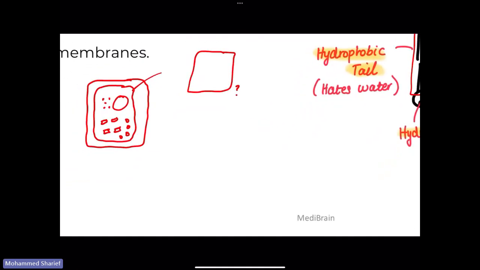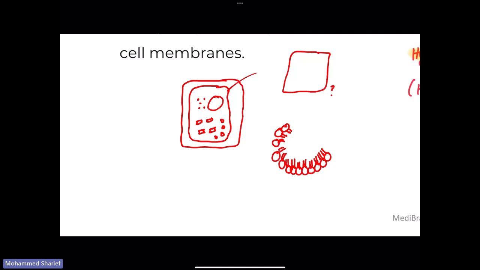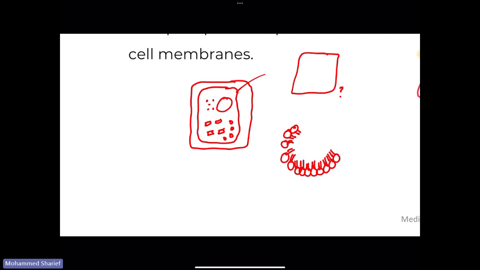If I was to draw this a bit more as a model, this is a really bad example, but I'm trying to. I'm trying to curve this around. I know it's not perfect, but imagine this as the cell membrane. Actually, I might just draw them all.